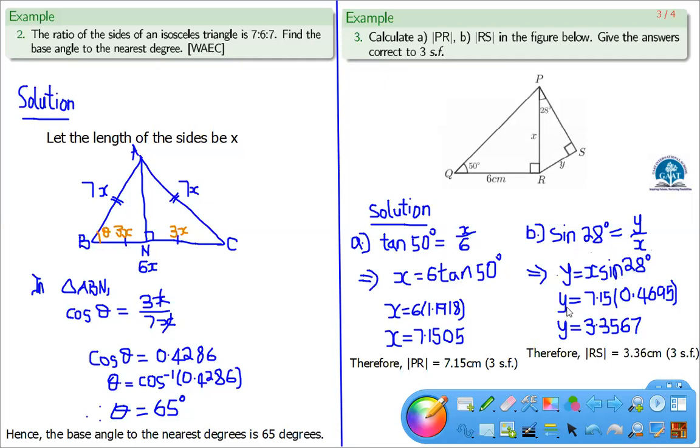So y equals 7.15, since we solved for x as 7.15 centimeters, times 0.4695, the value of sine 28 degrees. When you take the product of both numbers, you get 3.3567. Therefore, the length of side RS is 3.36 centimeters to 3 significant figures.